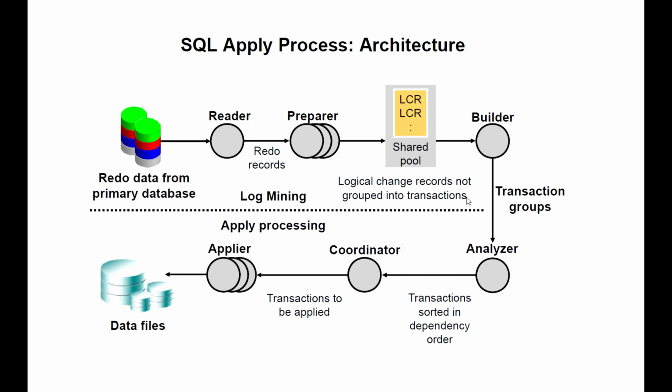The builder process assembles completed transactions from the individual logical change records. When that completes, it goes to the analyzer process. The analyzer process examines the records, possibly eliminating transactions and identifying dependencies between the different transactions.